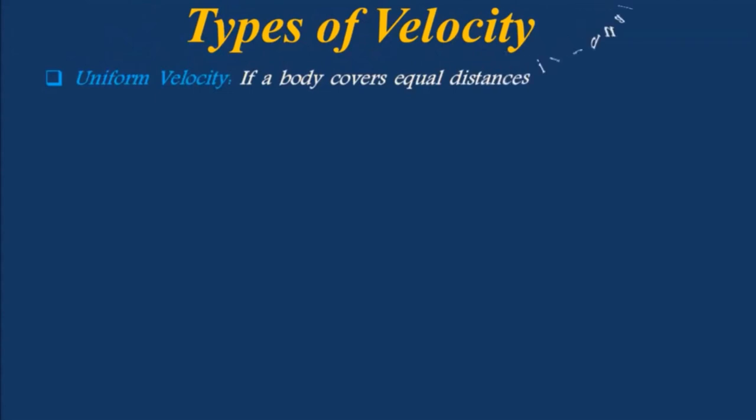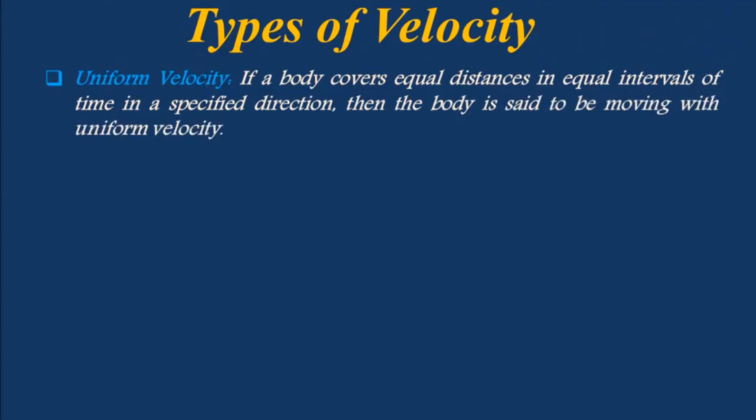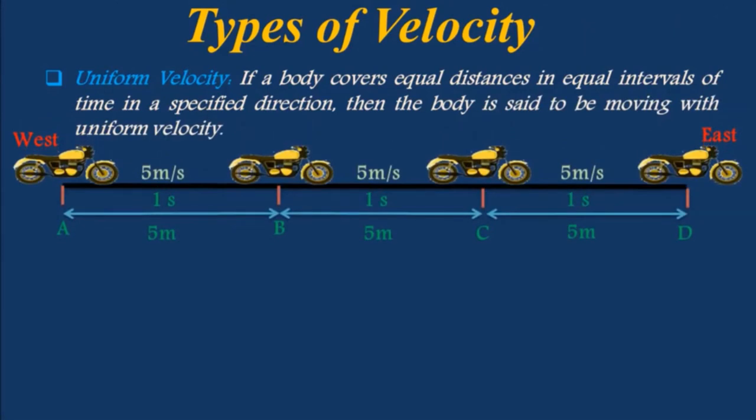If a body covers equal distances in equal intervals of time in a specified direction, then the body is said to be moving with uniform velocity. Look here, this bike is moving from west to east and covering 5 meters per second. That means in each second it covers 5 meters. Here magnitude is there and direction is also there. This is called as uniform velocity.